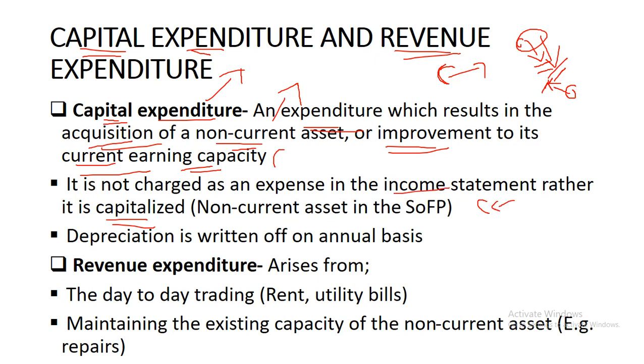So capitalize simply means that amount is included as part of the cost and is reflected in the statement of financial position. So all capital expenditures, they are capitalized, they are included in the statement of financial position. And then when we have a capital expenditure, that capital expenditure is supposed to be written off on an annual basis. This is what we call depreciation.